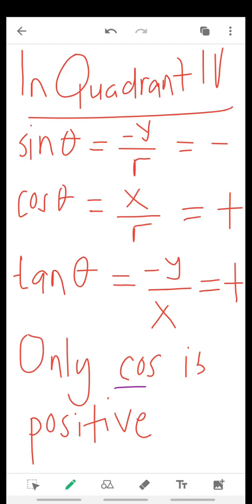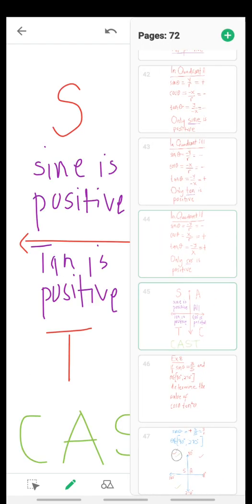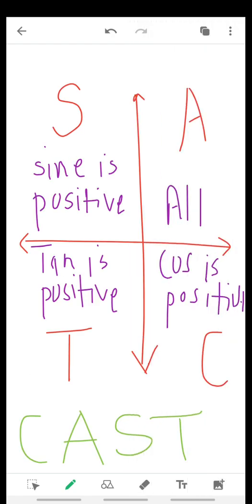And how did I summarize this? I've done it in a nice way for you. In quadrant number 1, all positive. In quadrant number 2, S, meaning sine is positive. Quadrant number 3, only tan is positive, I wrote T. Then in the fourth quadrant, only cos is positive, I wrote C. When you write the letters down, C, A, S, T, this gives you CAST.